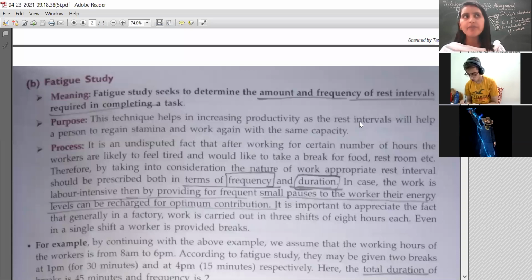For example, if I ask you to raise your hands, it is very easy. You can easily raise both your hands. But if I ask you to raise your hands for 10 minutes, then after 10 or 15 minutes, your ability to hold your hands like this will reduce, because fatigue will be there.